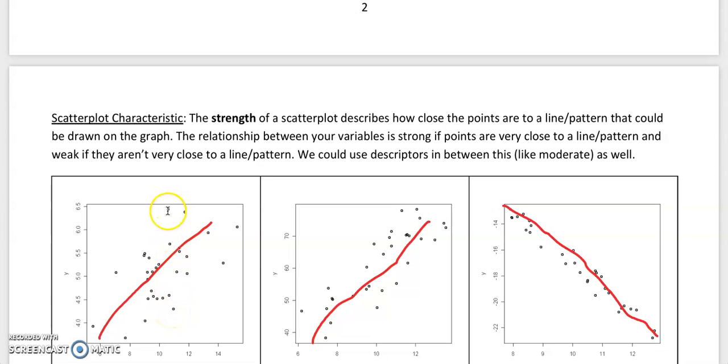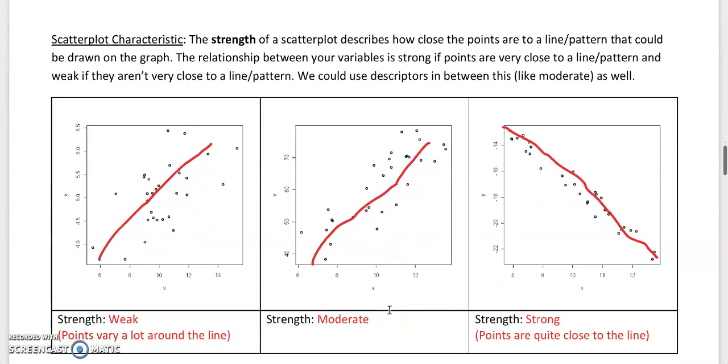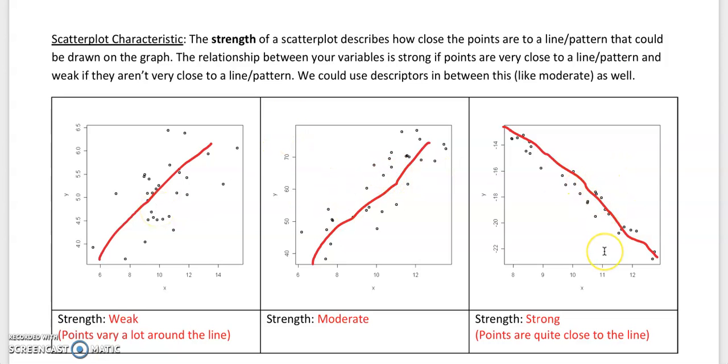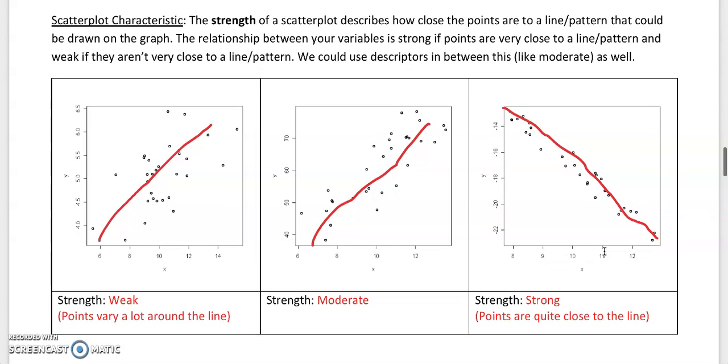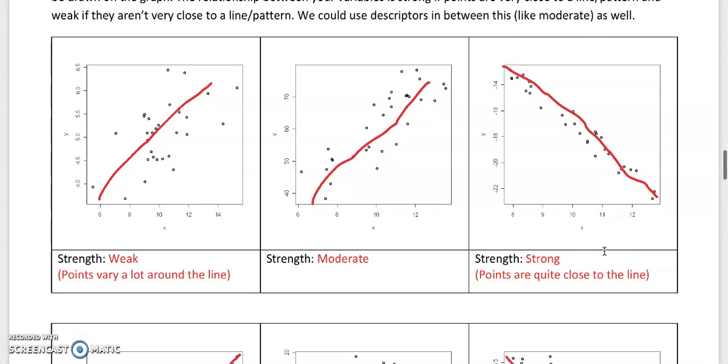I've got one y value way up here around 6.5. There's a lot of variability around that line. And the graph in the middle is somewhere in between. So we might say that this one is a weak relationship, this one's moderate, and this one is pretty strong.